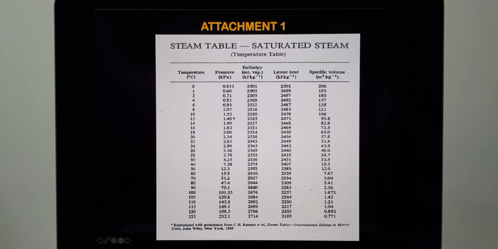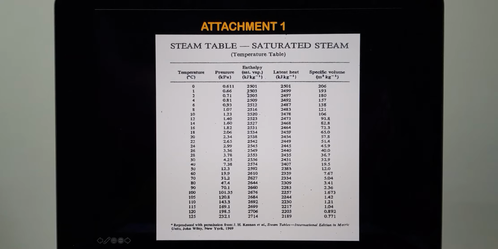And then the following column is the latent heat of evaporation, denoted by HFG. HFG means the difference between the enthalpy of saturated vapor, Hg, minus the enthalpy of saturated liquid, HF.